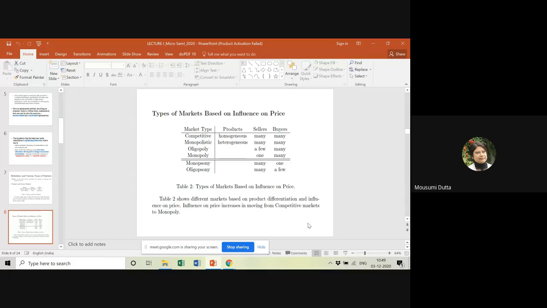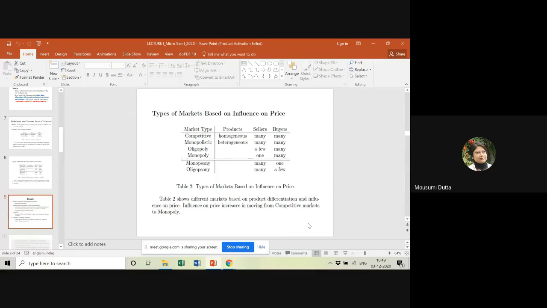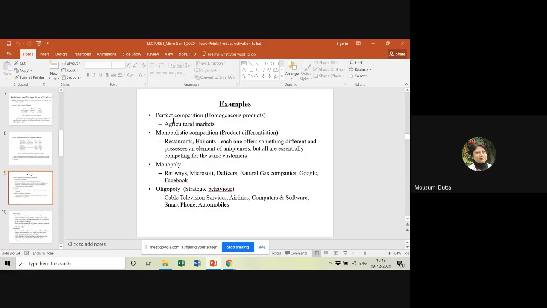Now, one example of a competitive market is agricultural products. Many a time we give the example of agricultural markets. We say that in the vegetable market, commodities are more or less similar, identical, homogeneous, with many buyers and many sellers. So we pose the agricultural market as an example of perfect competition.